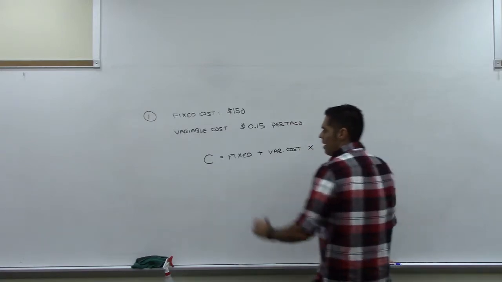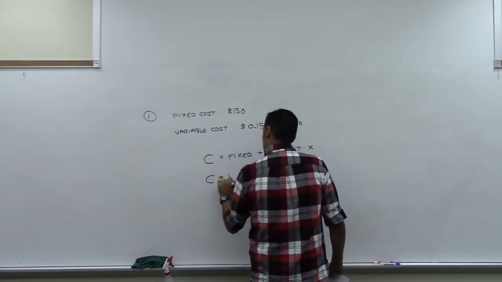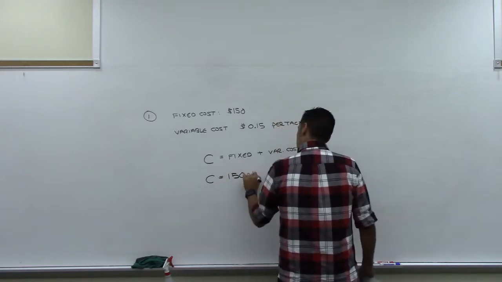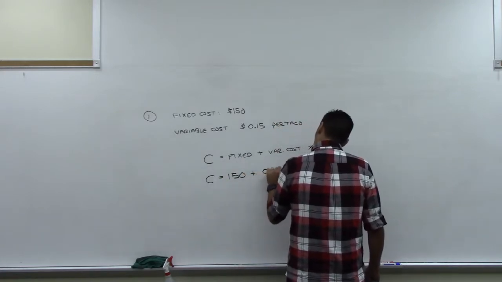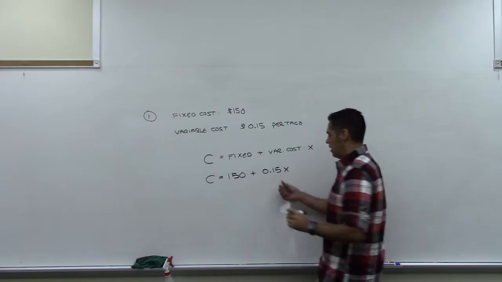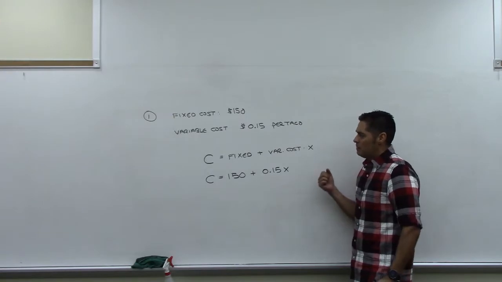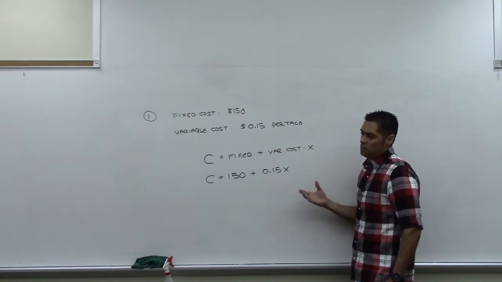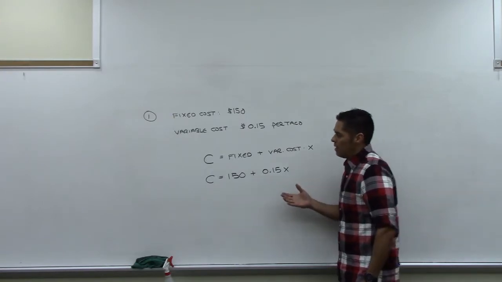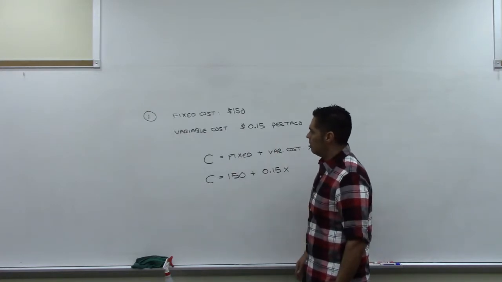So we're going to have our cost is equal to $150 plus 15 cents per taco. So per taco means times X. X is the number of tacos. So think about this company has a certain amount of cost to run their business. No matter what, they got to fire up the grill, whatever.